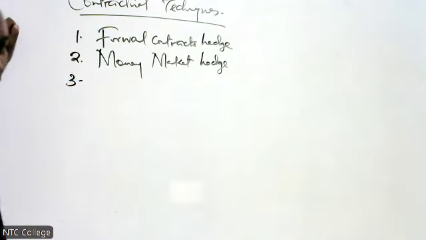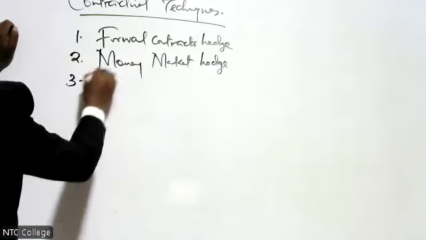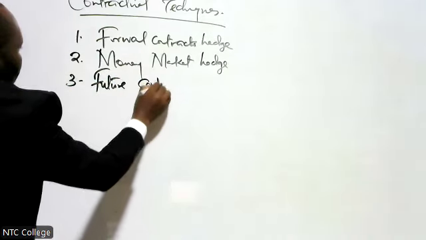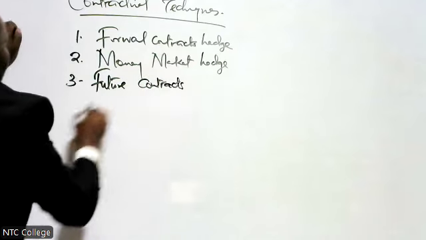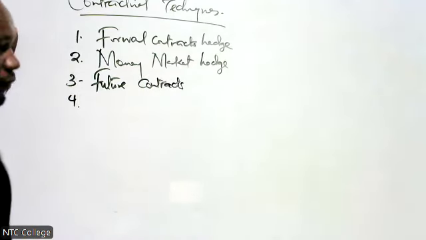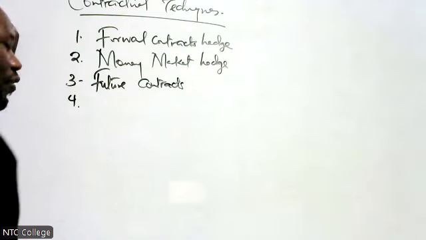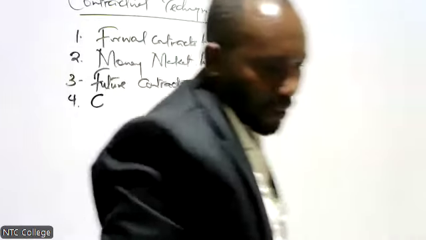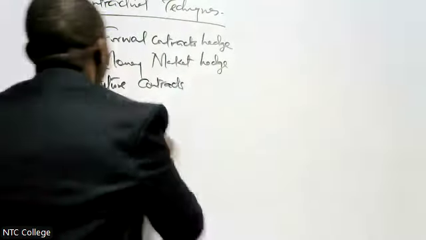The third one is called futures contracts. The fourth one is called currency options, or basically, we can just talk about options.